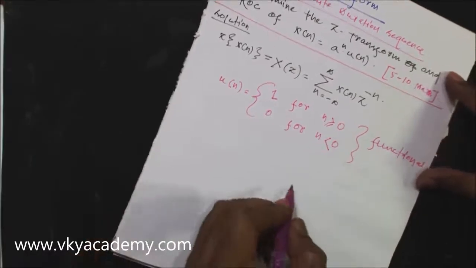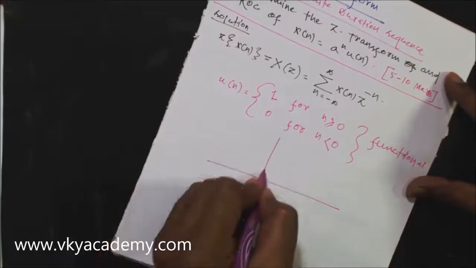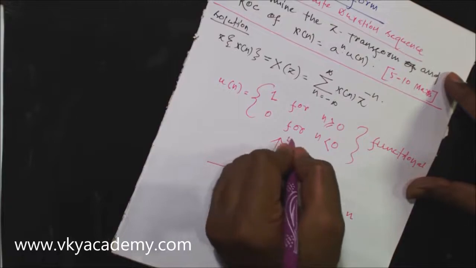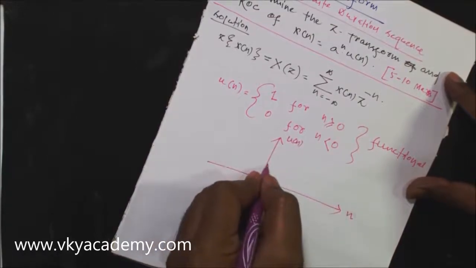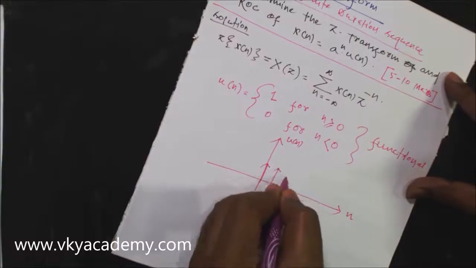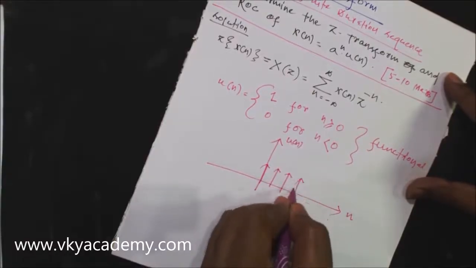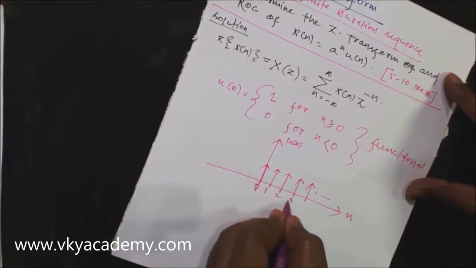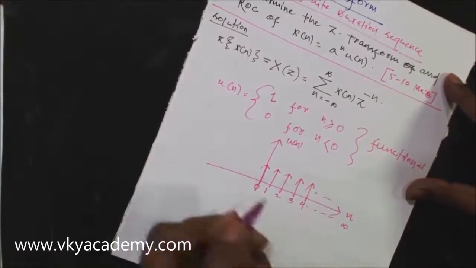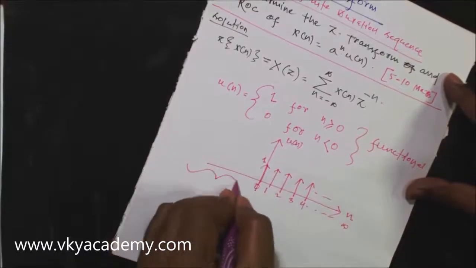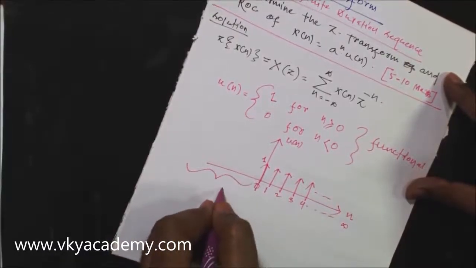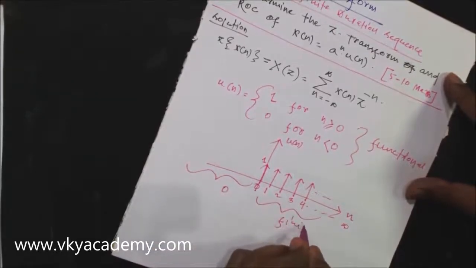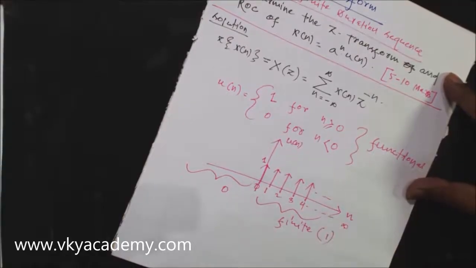Graphically, if the x-axis is n and this is u of n, then it will be one at 0, 1, 2, 3, 4 up to infinite, and for n less than 0 the output will be 0, and these are all finite values, which is 1.